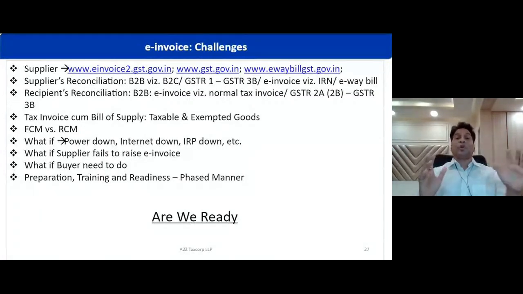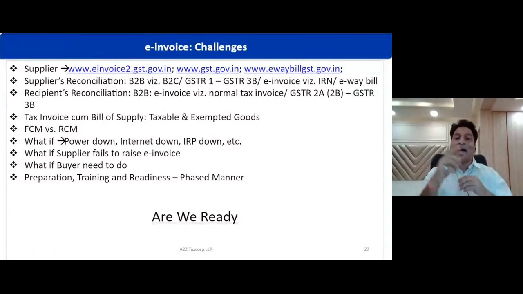Now there are three portals. One is your IRP, the invoice registration portal. One is the GST portal, and one is the e-way bill portal, ewaybillgst.gov.in. At the moment, such a registered person needs to be registered on three portals. The first challenge, what we all are looking for, is integration.